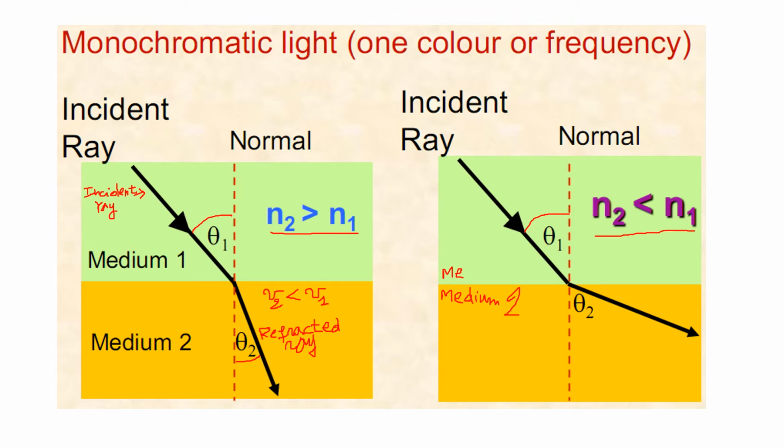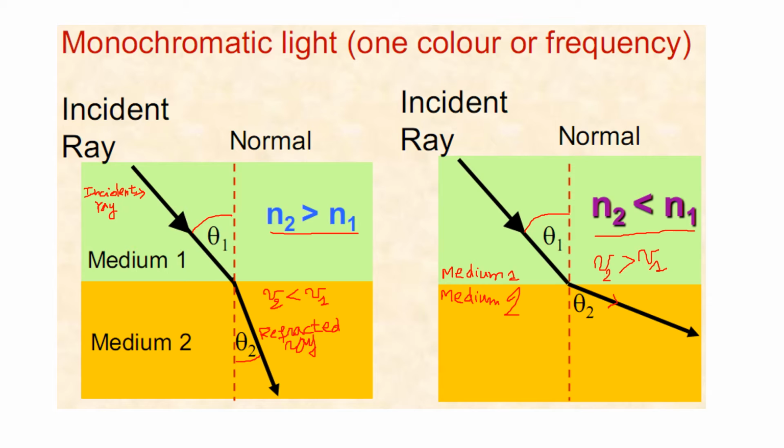To have n2 less than n1 means that medium 2 is less dense than medium 1, which means that the light has a higher speed in medium 2 than in medium 1. It means the speed of light in medium 2 is larger than the speed of light in medium 1.